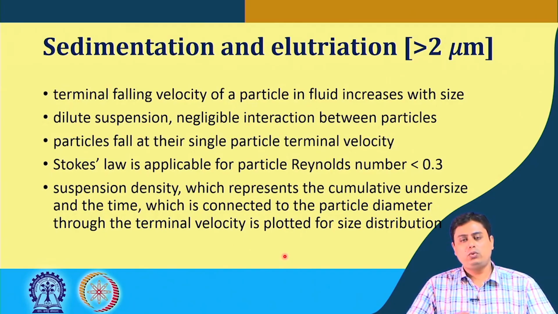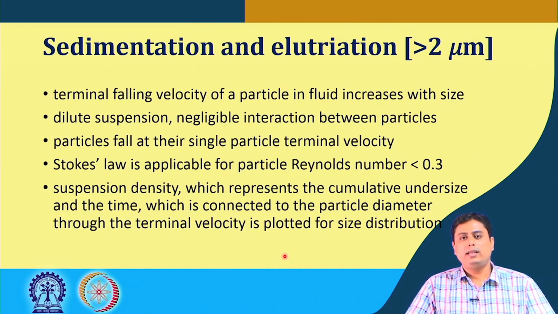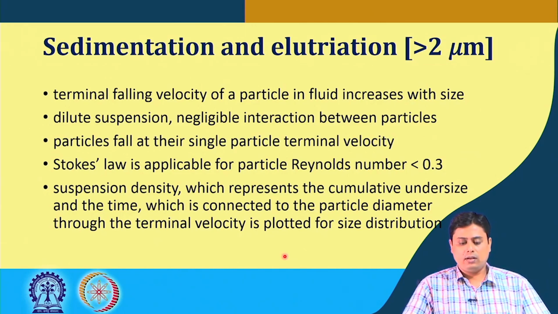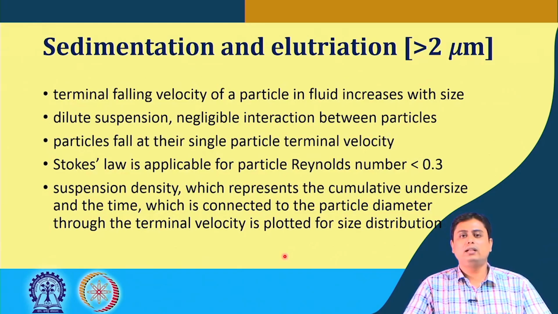So, we plot these two pieces of information and get the size distribution: the bigger size particles are falling at a higher rate, and the lower size particles will fall at a smaller rate.